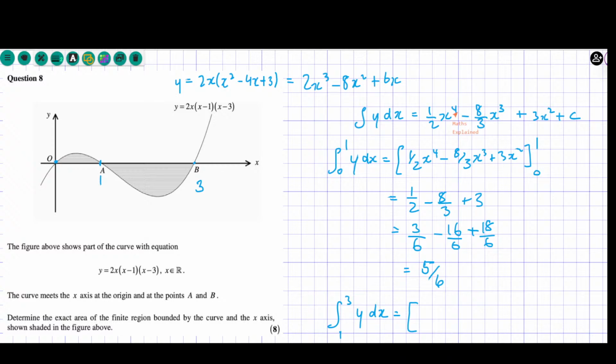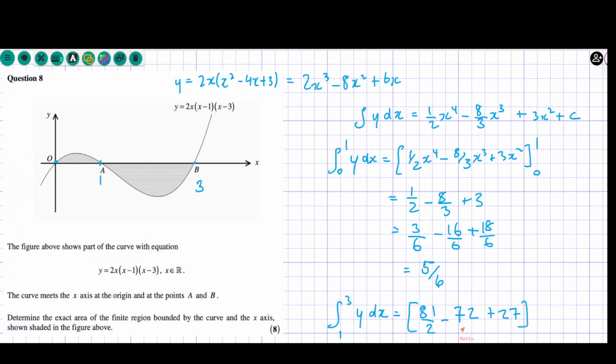So 3 to the 4 is 81. On 2, 27 divided by 3 will just be 9, so this becomes 72. Then 3 squared is 9 times 3 is plus 27.